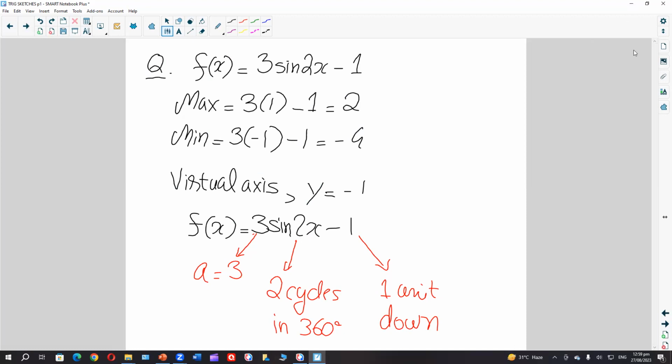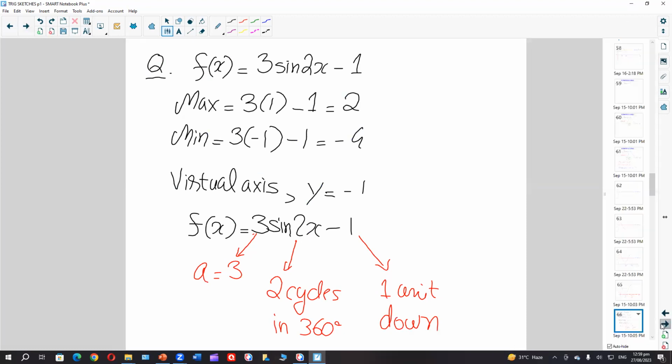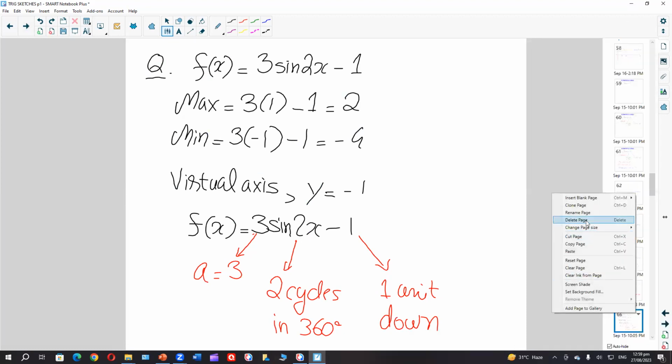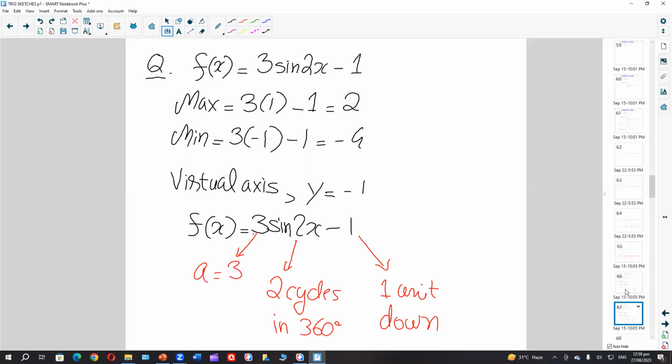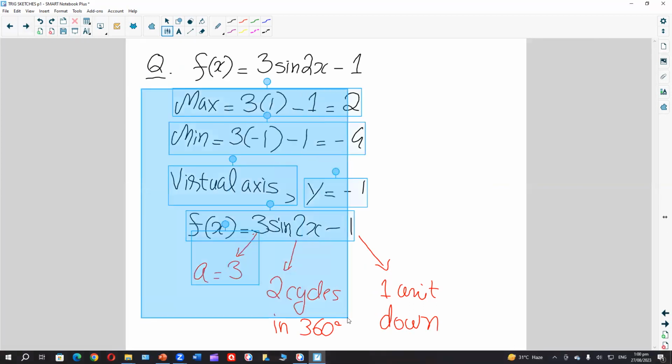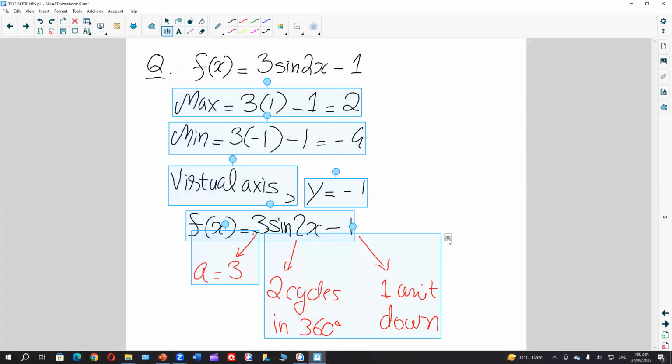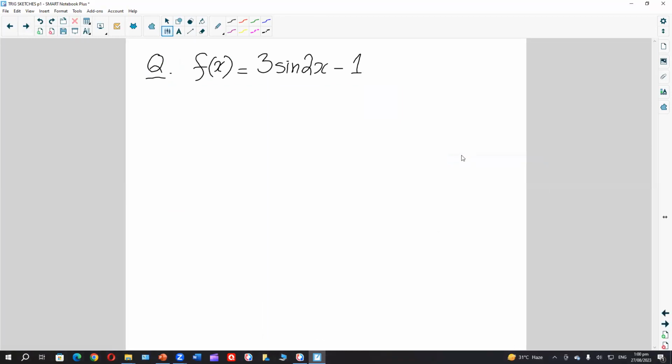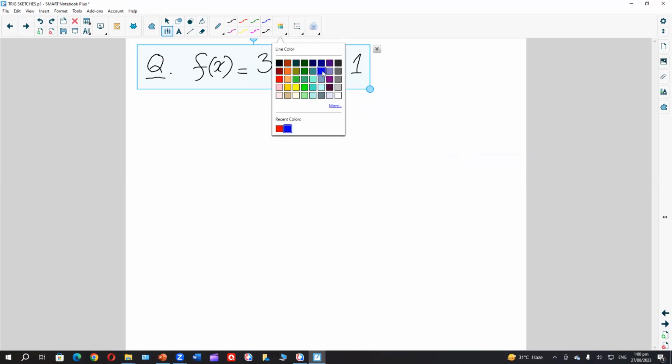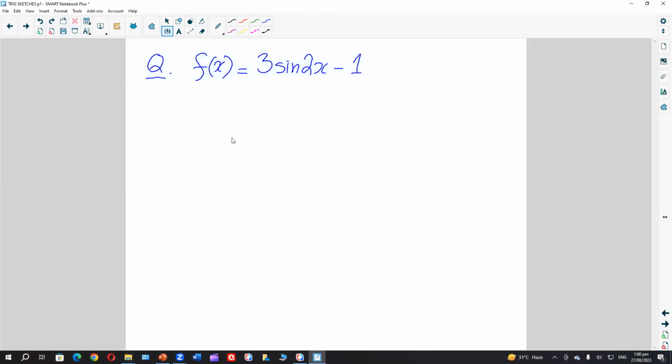Now f(x) is equal to 3 sine 2x minus 1. This is our next. These are past paper questions. And now you should try to solve this question. So copy this question and try to solve it yourself quickly.